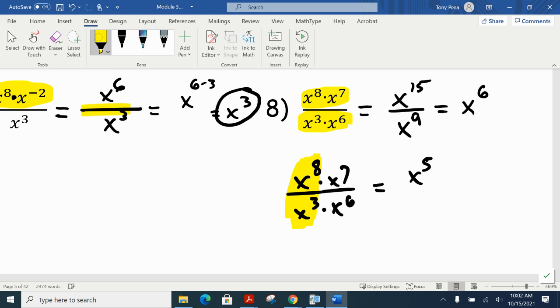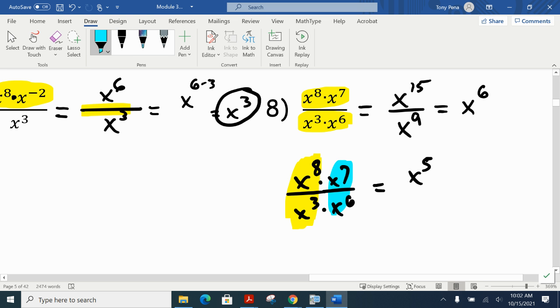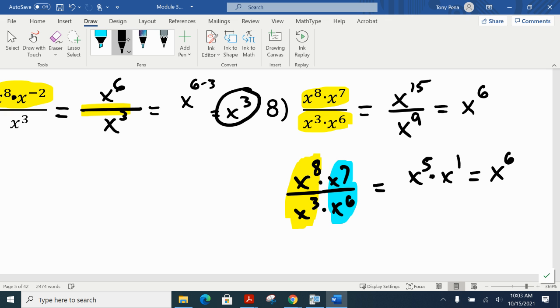Good. And then, did you do these two next? Okay. Then she did these guys next. So x to the 7th divided by x to the 6th would have been x to the what? 1. And then now when we multiply like terms, we add those exponents, right? So that would still give us that x to the 6th. Yeah, all of these have probably at least 2 ways, sometimes 3 or 4 different ways. Yeah, so that's good.